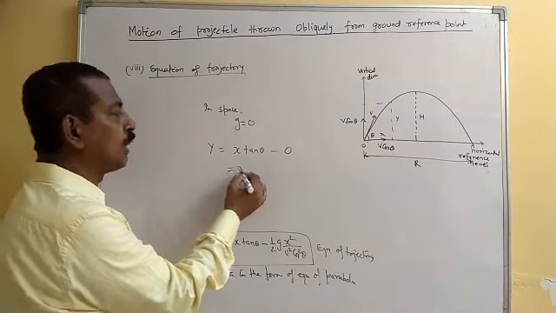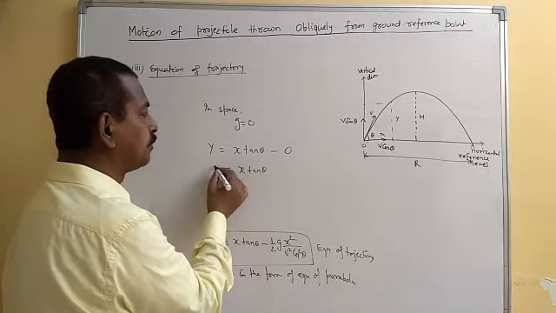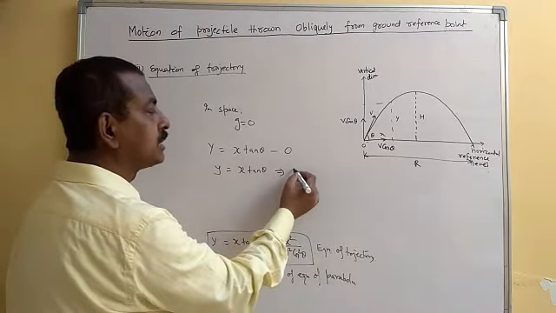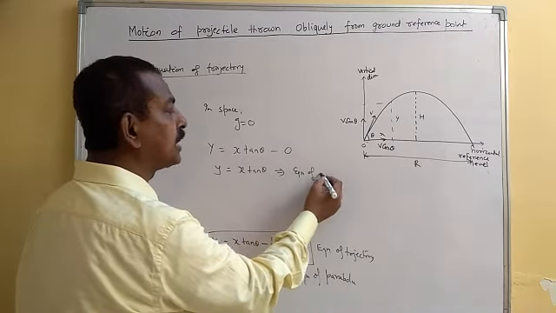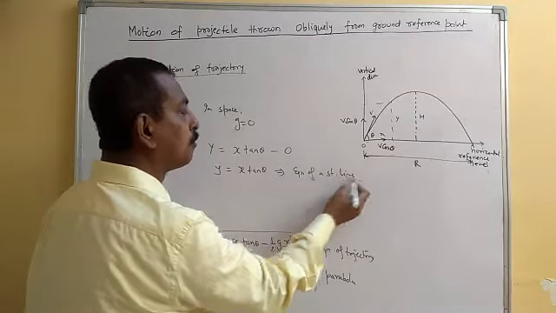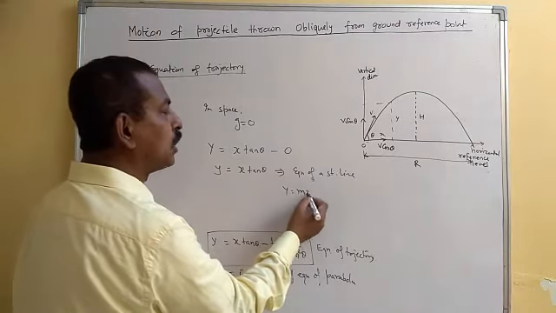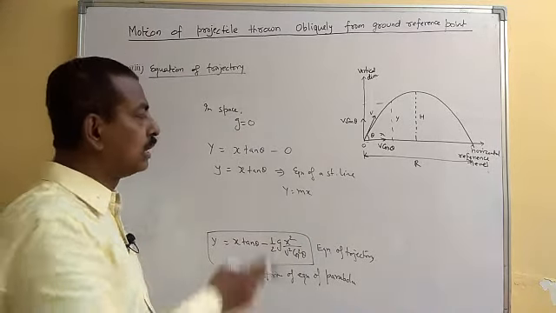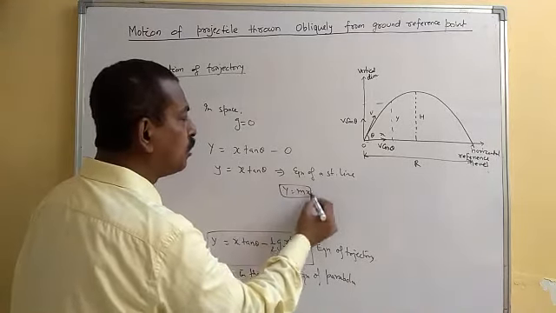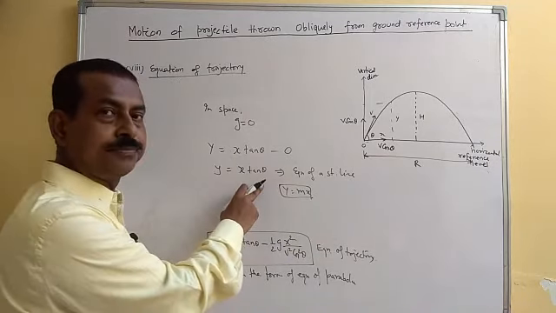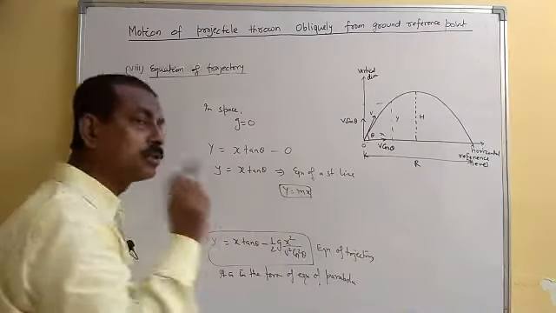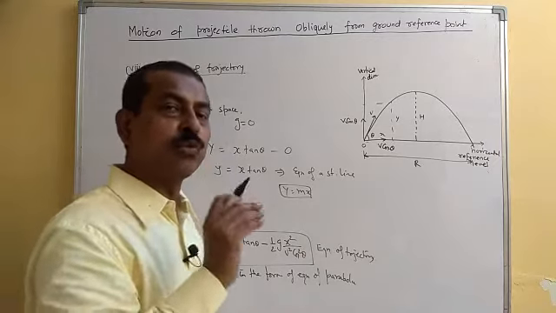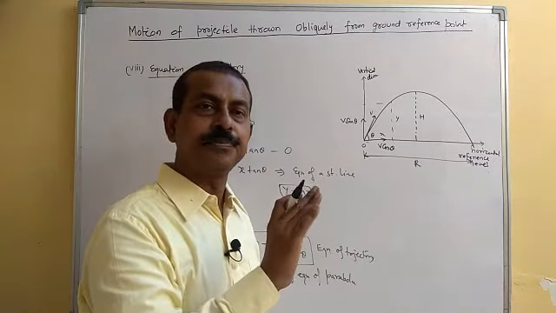So y equals x tan theta. This is the equation of a straight line, which is in the form y equals mx. As this is in the form of the equation of a straight line, the path of the projectile in space will be a straight line path.